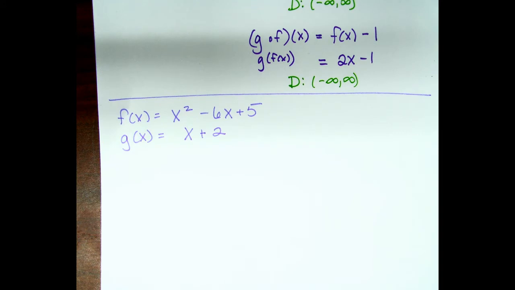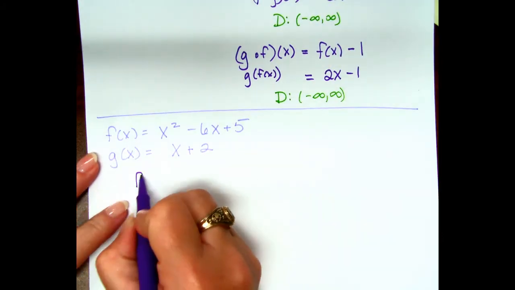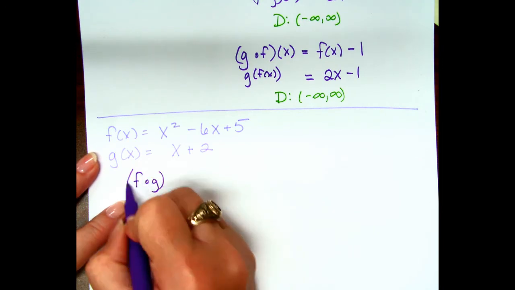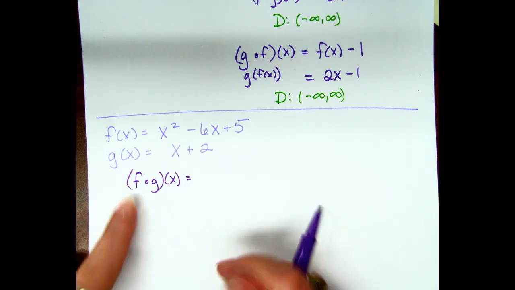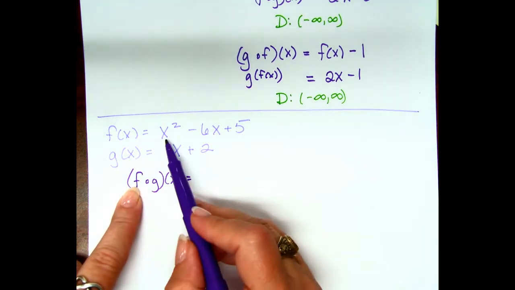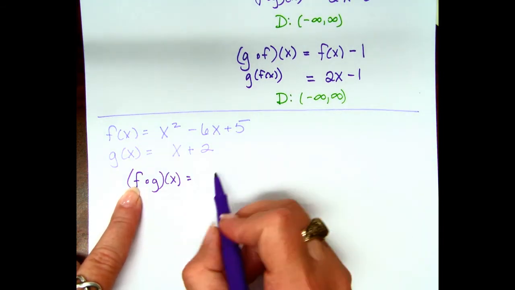So what happens if f of x is x squared minus 6x plus 5, and g of x is x plus 2? So first let's find f of g of x. I start with f, but anytime I get to an x, what do I write instead? g of x.